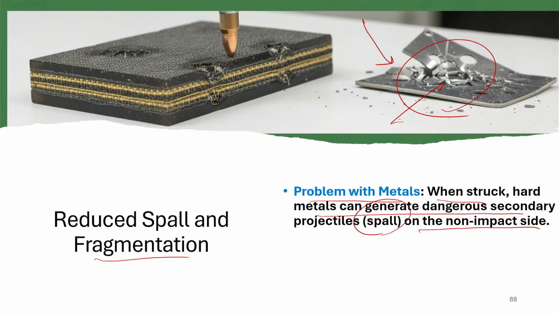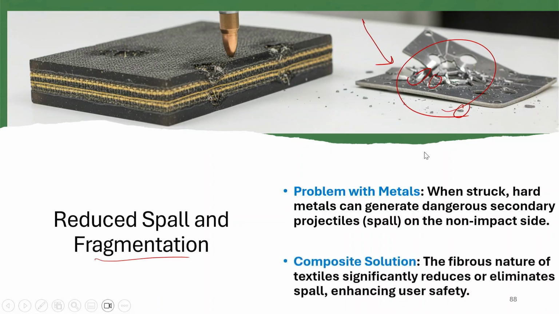Suppose someone is hit in one particular portion of the body, and whatever secondary particles are generated may damage another part. These small particles are generated at high speed, they come out and may hit another part which has not already been impacted. That is very dangerous, but this is not the case with the textile based composite.